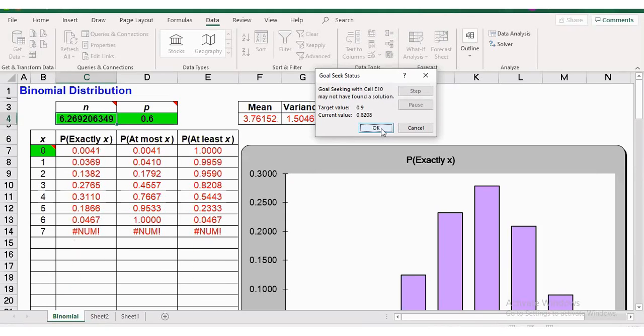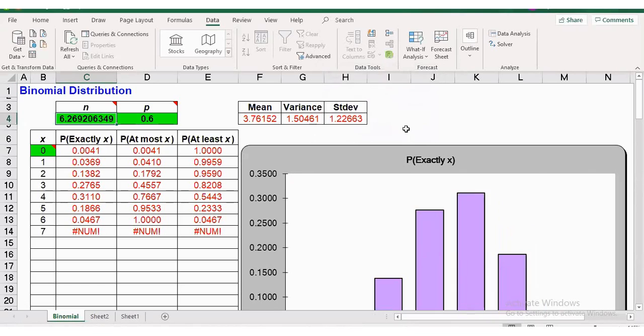Around 6. You cannot have 6.2 boards. Maybe you can produce 7 boards. With what confidence? Still it is wrong. Only 8. So it is not able to find the proper solution near to 0.9. You guys are understanding what I'm saying? I'm not able to find. Fine. Let me try one more time.